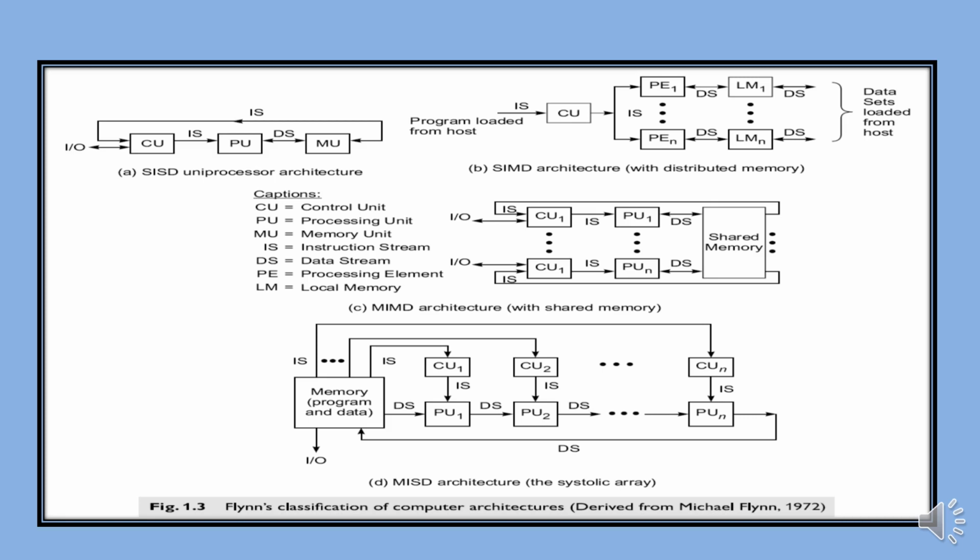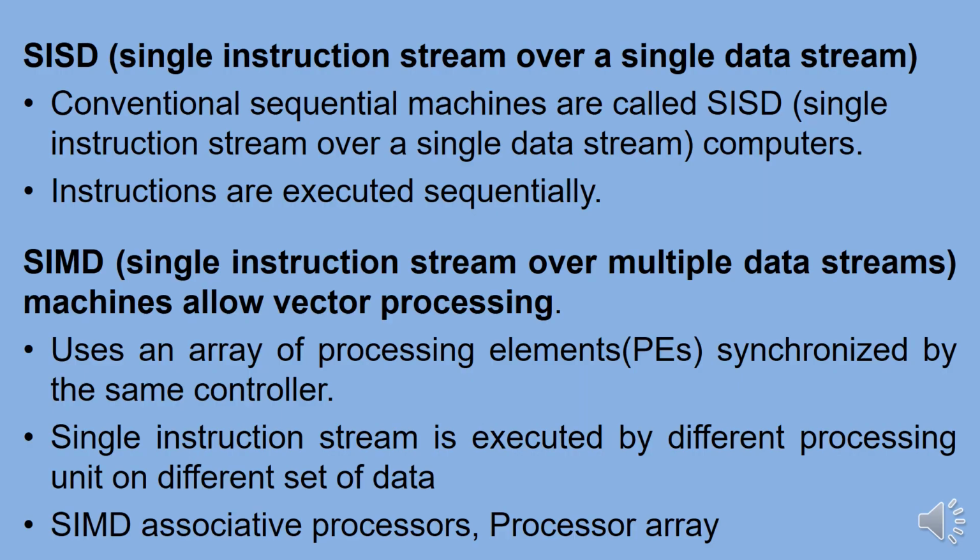So how these instructions and data are processed can be seen using these four classifications. Single instruction stream over single data stream: conventional sequential machines use this SISD mechanism. Instructions are executed sequentially, so the processing is very slow.